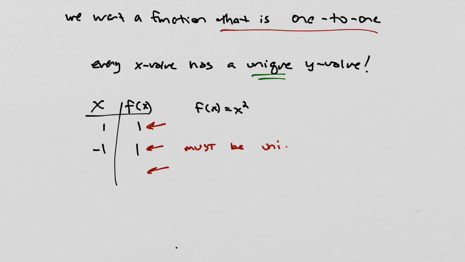They must be different in order for this to be one-to-one. Right? And this is why the parabola does not have an inverse, because it doesn't pass this particular test, which means it's not one-to-one, which means it's not going to pass the horizontal line test, so it does not have an inverse.